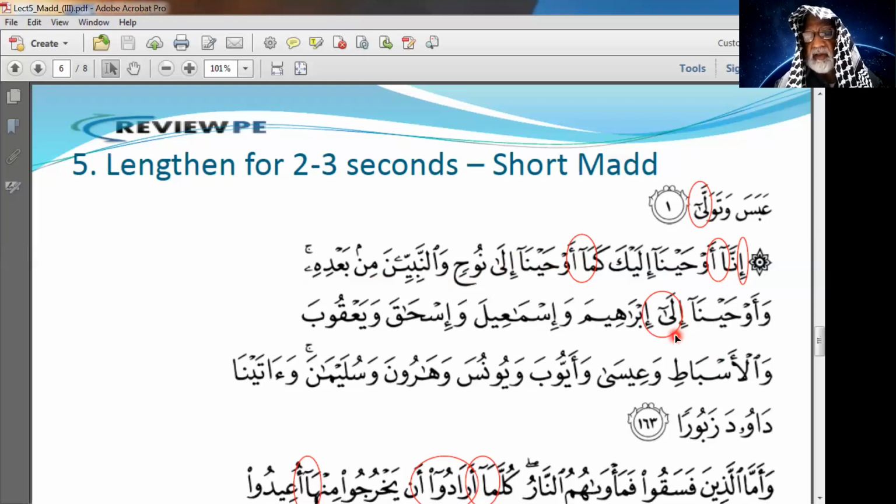This one over here, again we have lam with fatha, then alif maksura, la, and then we have hamza here. So between them and the hamza, we have mad. So ila Ibrahim, ila Ibrahim.